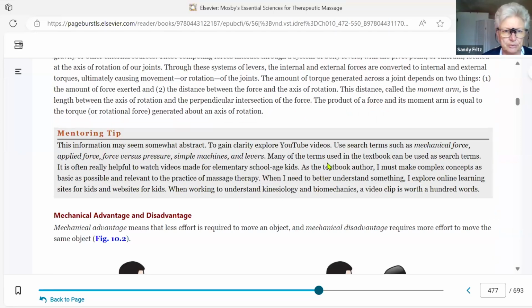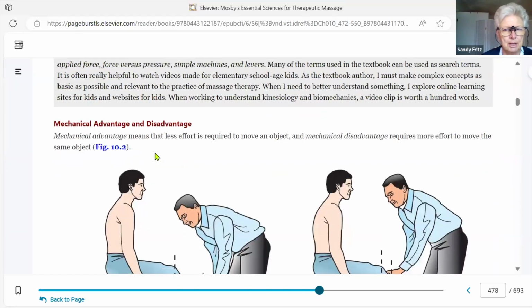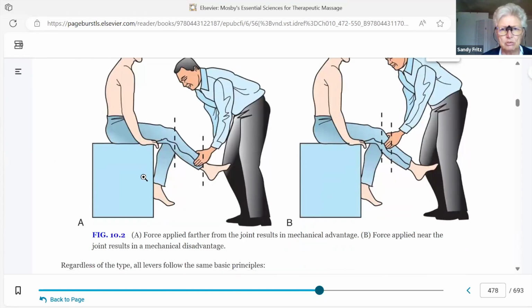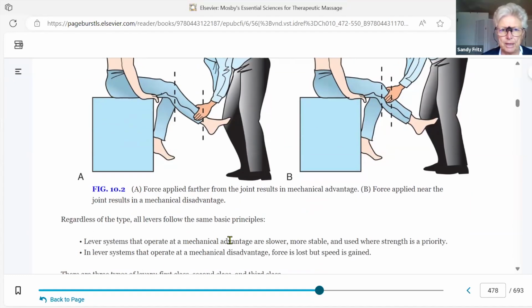Okay, mentoring tip. Here we go. Mechanical advantage and disadvantage has to do with when you are providing a force around a jointed area, how close or how far are you away from the joint? And the further away you are from it, the more mechanical advantage you're going to have.